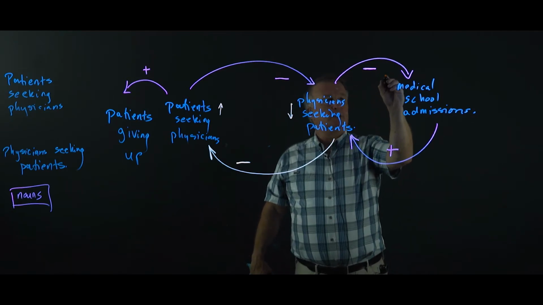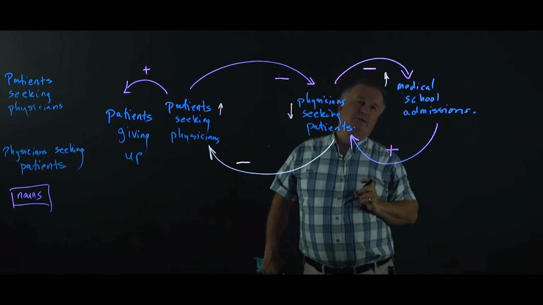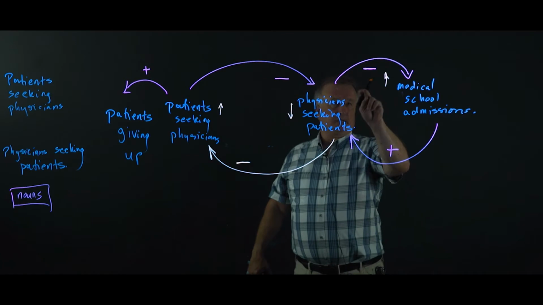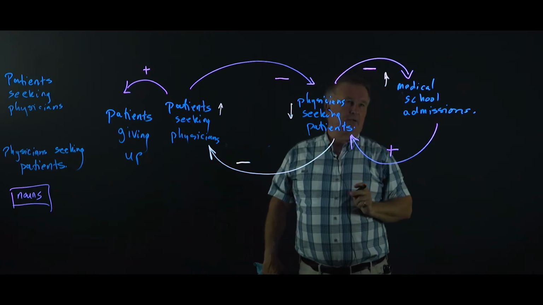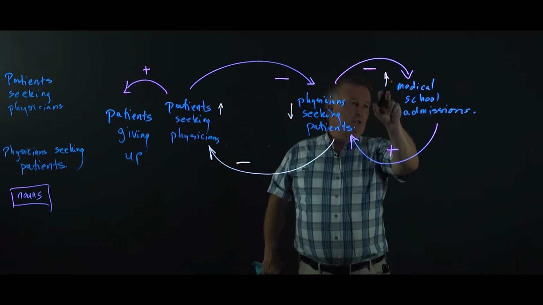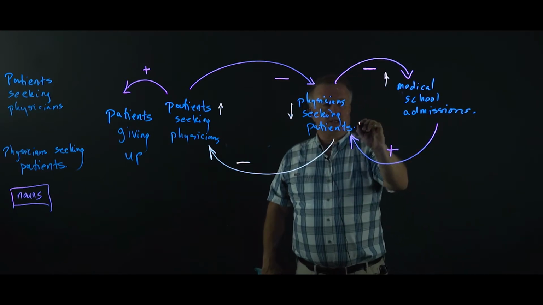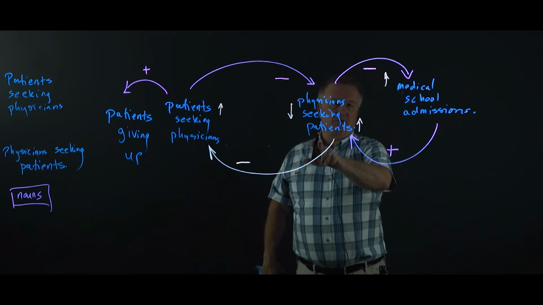If the number of doctors seeking patients goes down, then we would increase medical school admissions, because remember, this acts in the opposite direction. If we increase med school admissions, that's going to cause an increase in physicians seeking patients.